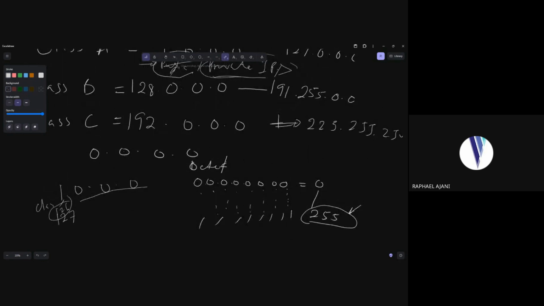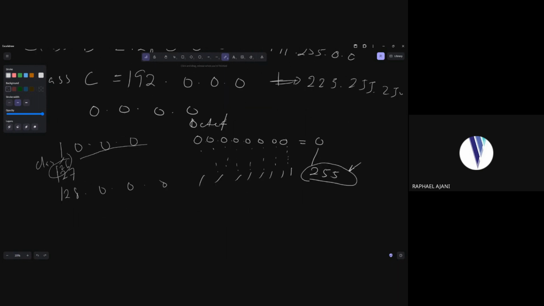For class B, the class B starts at 128, and then it will progress like this until it gets to 191.